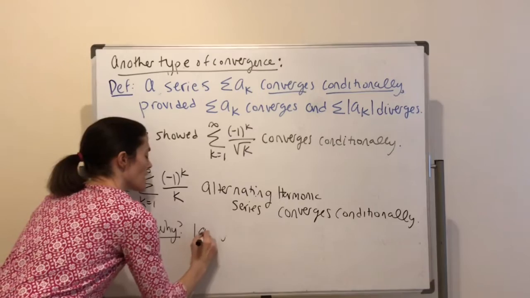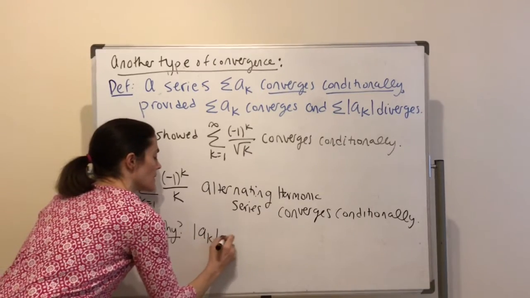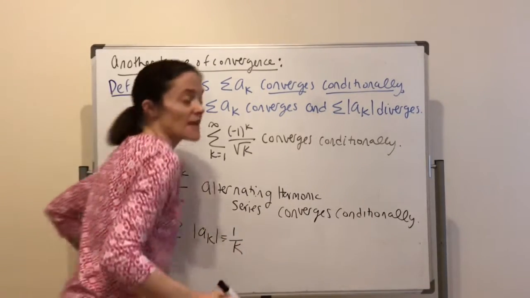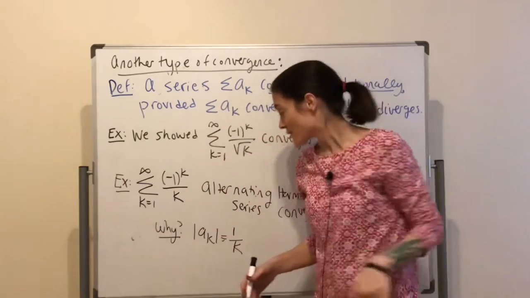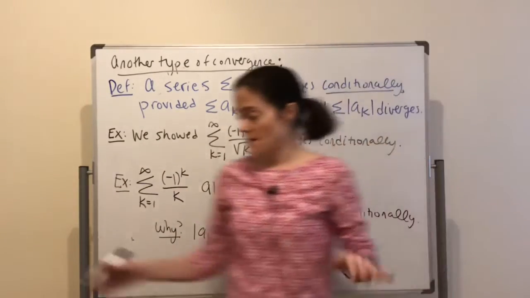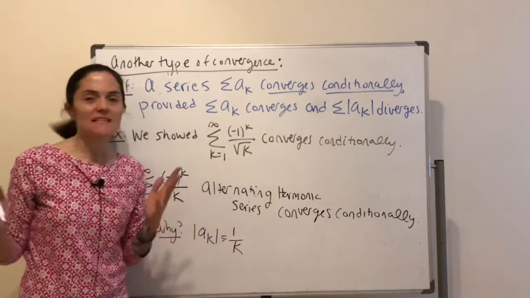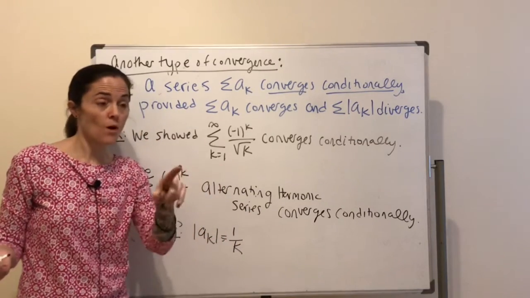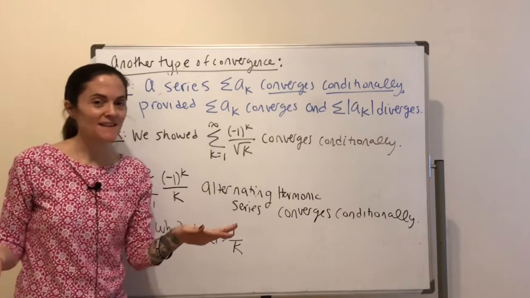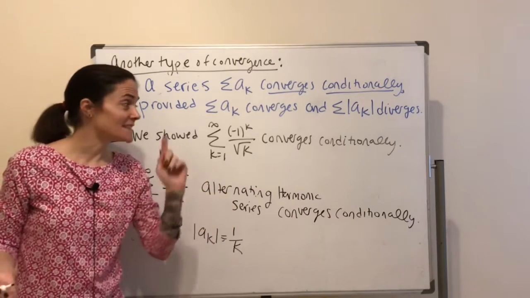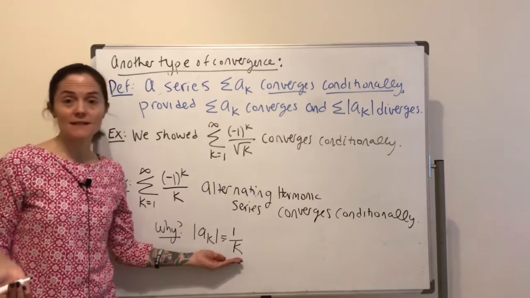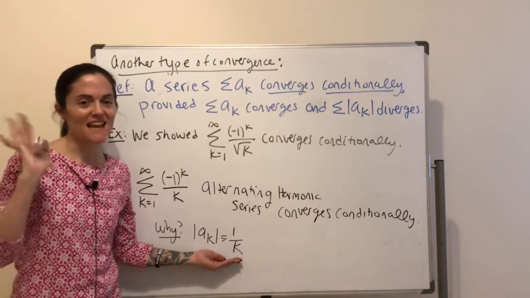Well, the absolute value of a_k is 1 over k. If we sum 1 over k from 1 to infinity, this diverges because this is the harmonic series. Diverges, or p-series with p equal to 1, less than or equal to 1, diverges. So the harmonic series diverges.